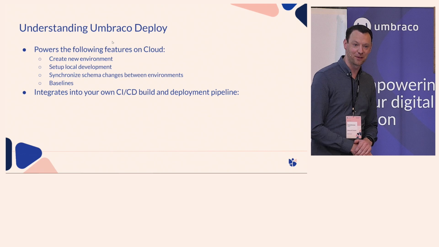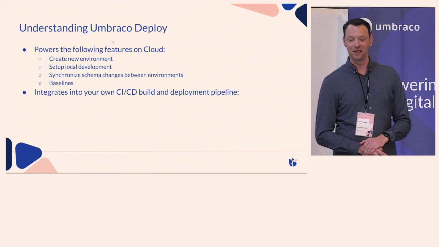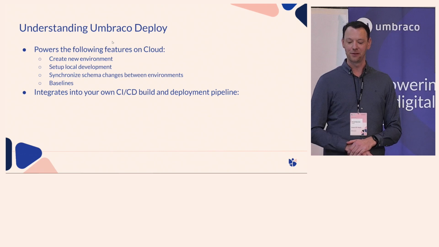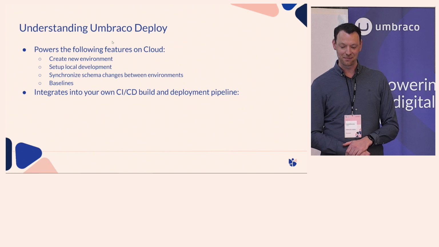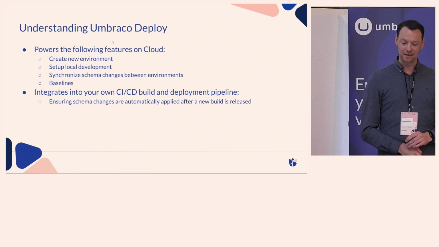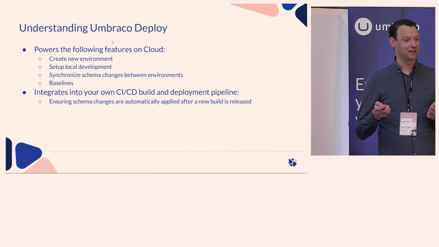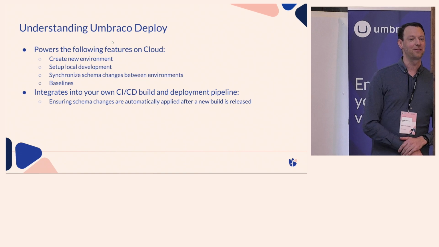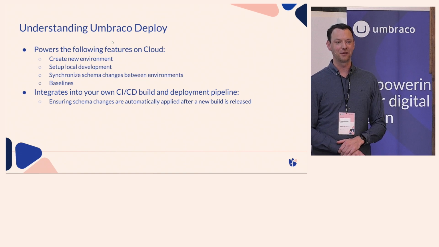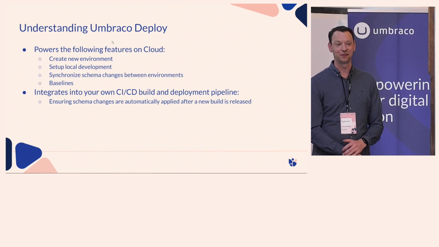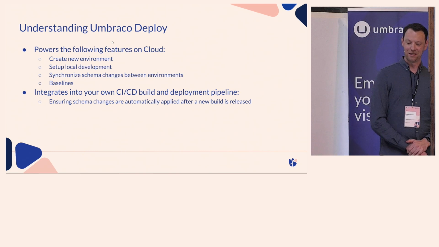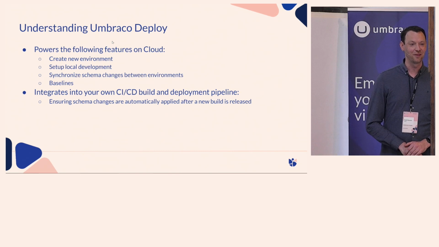Finally, deploy on premises allows you to integrate it into your own CI/CD build and deployment pipeline. And that allows you to use either a trigger or a marker file, or do a request to a secured endpoint using a provided PowerShell script to trigger a schema deployment and make sure that those changes are applied after the actual code deployment as well.